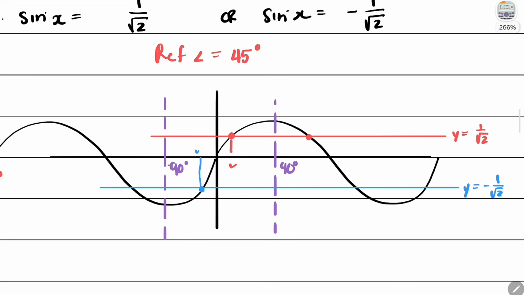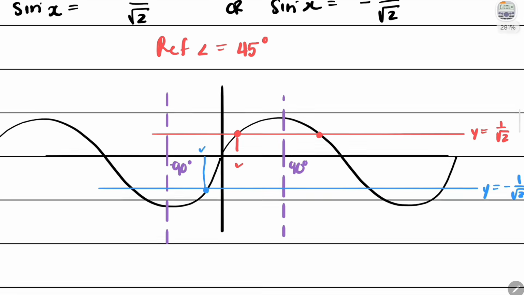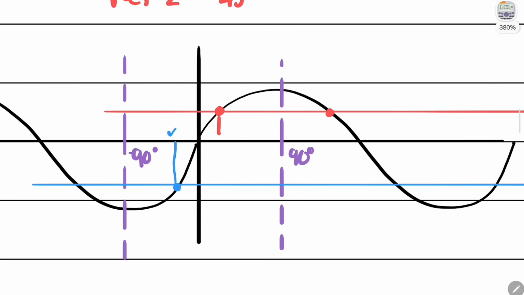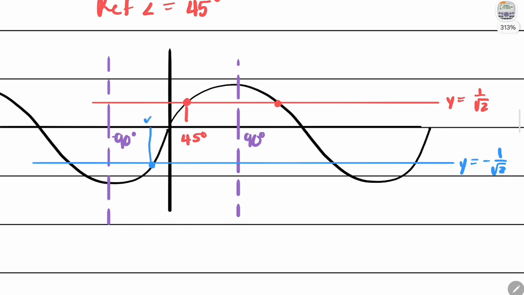Well, we know what the reference angle is. So if the reference angle is 45 degrees, with that positive 1 over root 2, that is the first answer we're going to get. It's going to be positive 45 degrees. Now, because of the symmetry of the sine graph, okay, see what the sine graph does over here like that? It'll do the exact same thing over here.